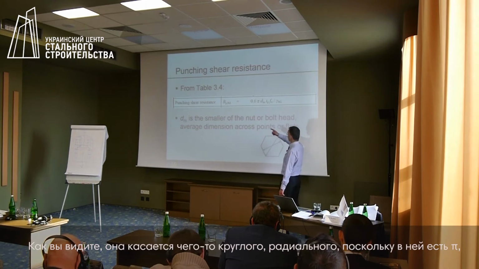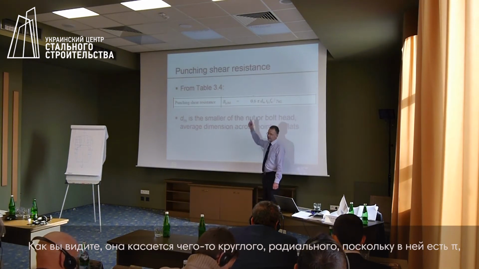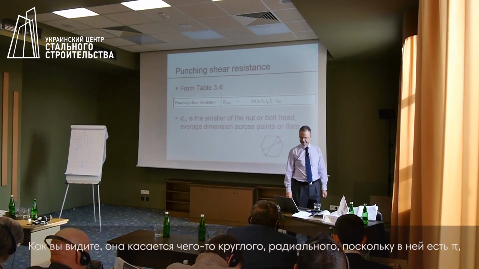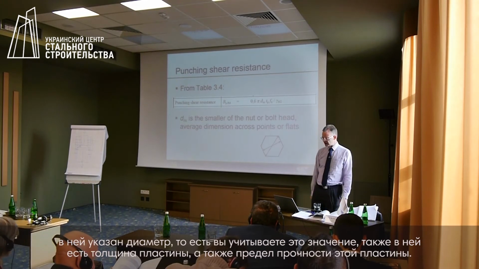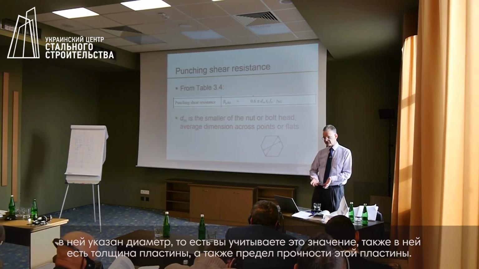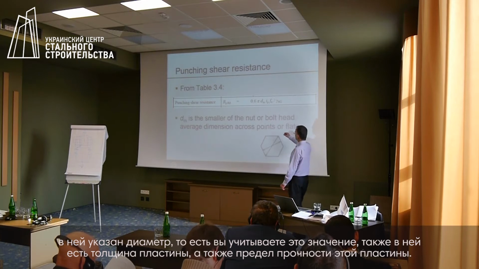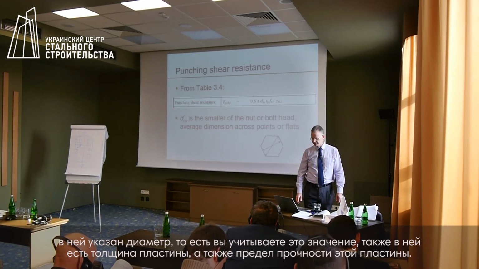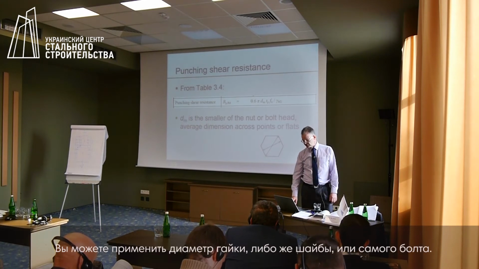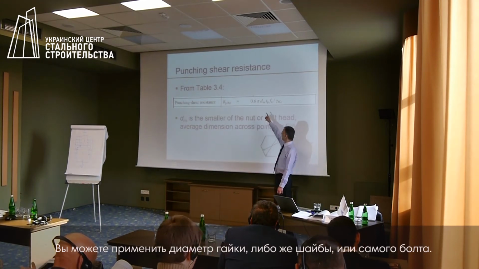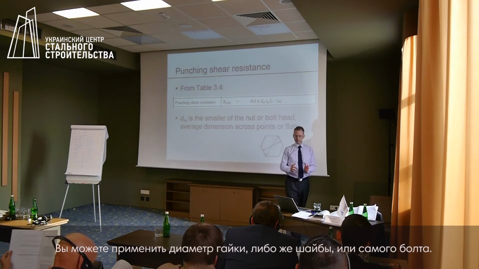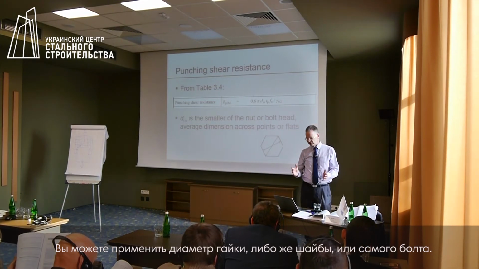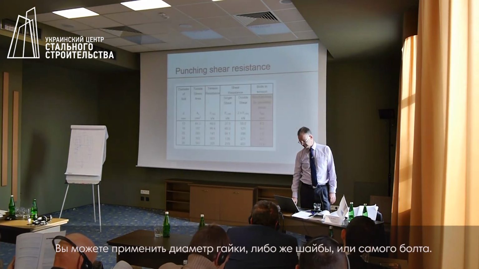You can see it's something to do with a circular pattern, because there is pi, something to do with the diameter, so you calculate that distance. There is the thickness of the plates, the ultimate strength of the plates. You could use the diameter of the washer, or you could use the dimension across the nut or the bolt.